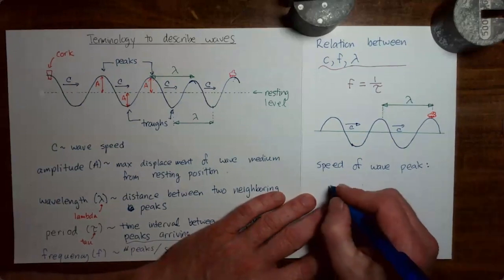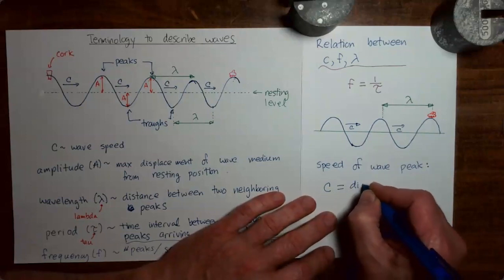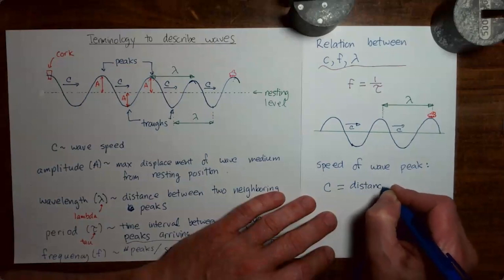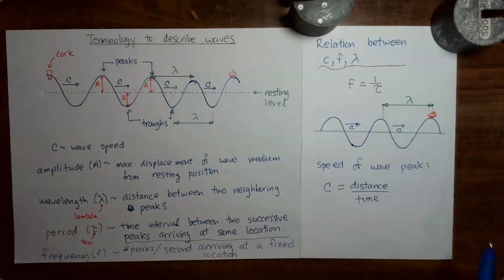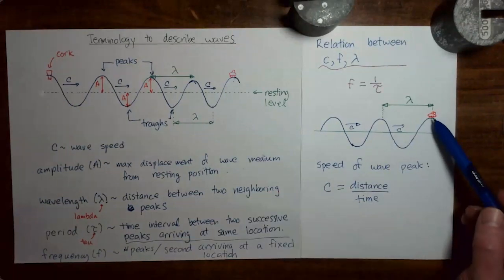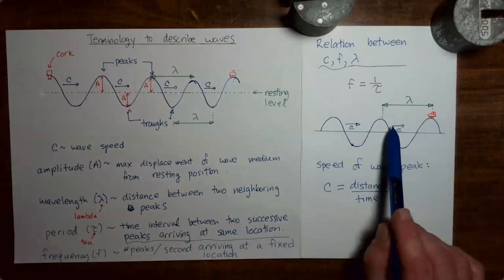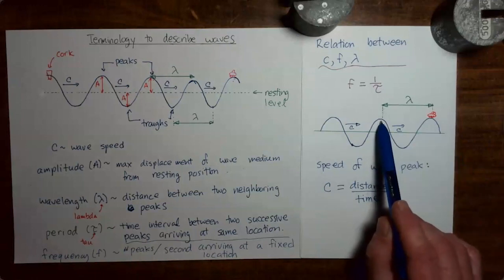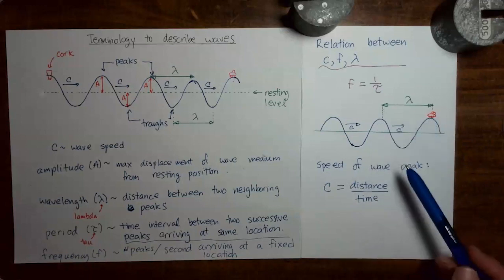First of all, we would denote the speed of that wave peak by lowercase c, and that would be equal to the distance that the wave peak travels in some time interval divided by the time interval. With this in mind, let's consider the process where the insect over here is sitting on top of a wave peak, and then the next wave peak is going to start over here and move to the position of the insect.